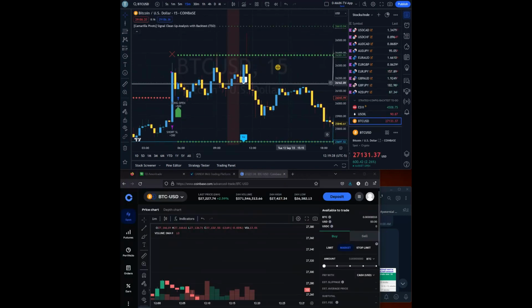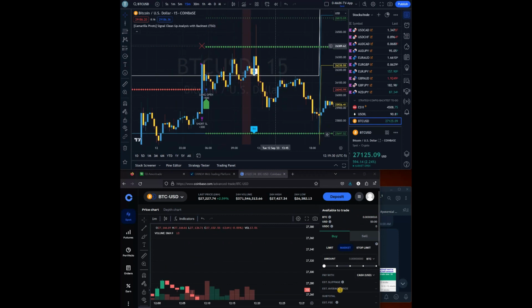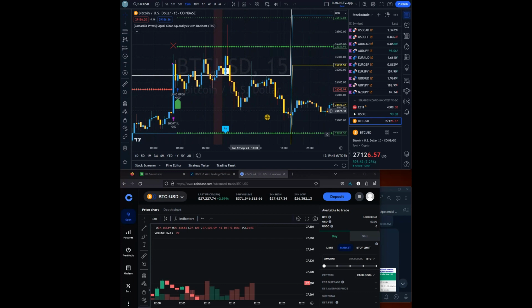So for Bitcoin, I have a really quick demonstration. I do not have any funds to actually open live trades, but you got the idea of how it's done on QQQ and on Forex. So there was a stop loss.